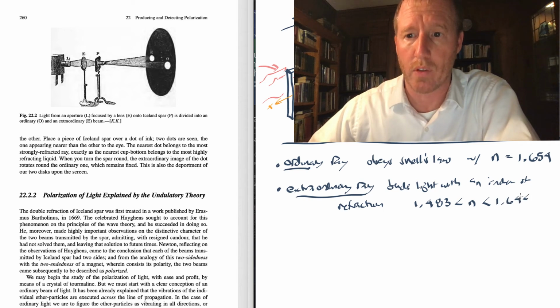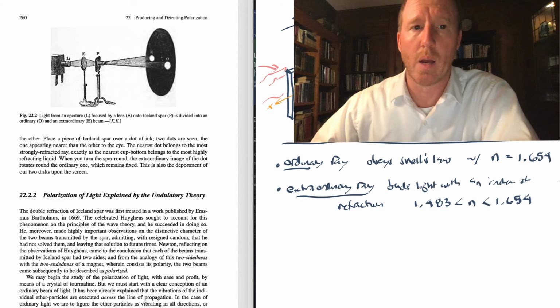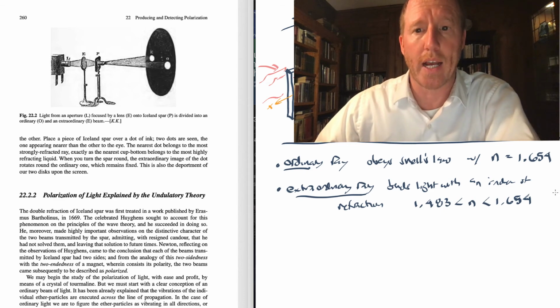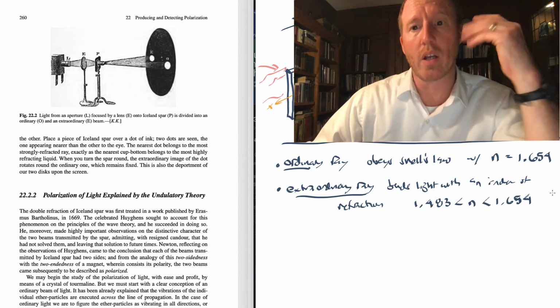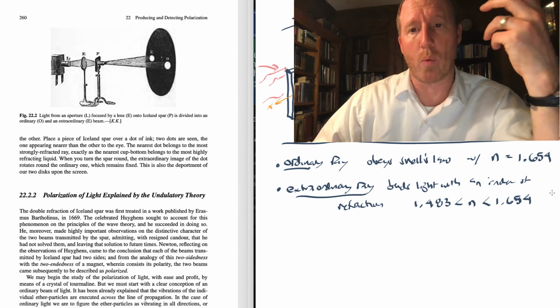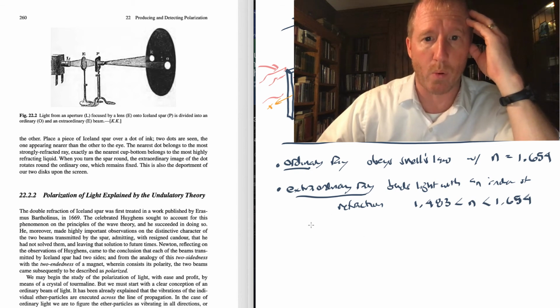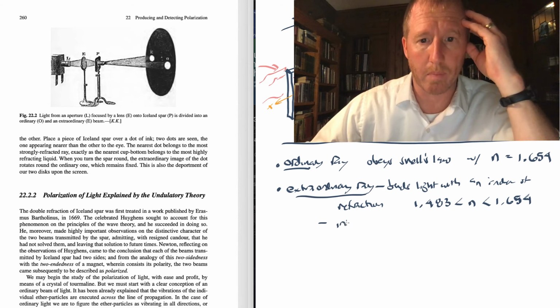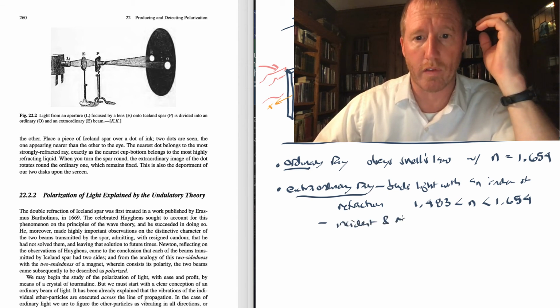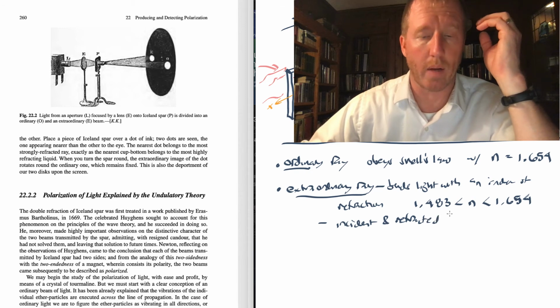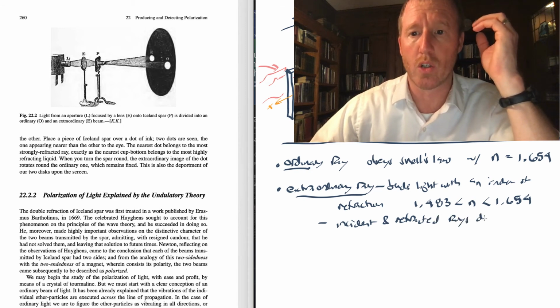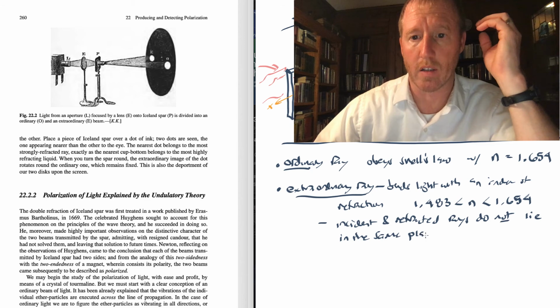He said it depends on the precise orientation of the crystal, but the extraordinary beam bends in a way that would imply a refractive index between these two numbers. And perhaps more importantly than that it bends the light is that the incident and the refracted ray, extraordinary rays, do not lie in the same plane.